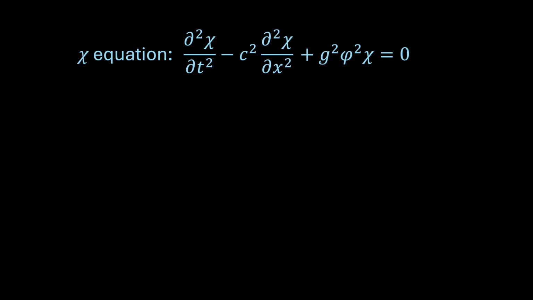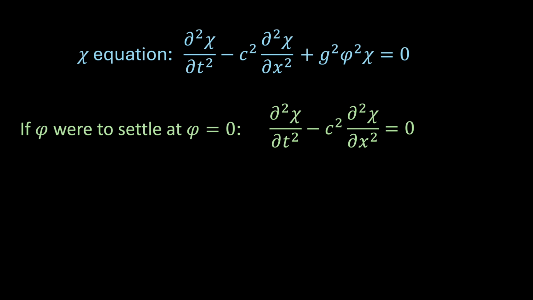We begin by looking at the chi equation of motion. First, note that if phi were to settle into a resting state with an average value of 0, then the interaction term would vanish and chi would obey the unmodified wave equation describing a field with massless quanta.